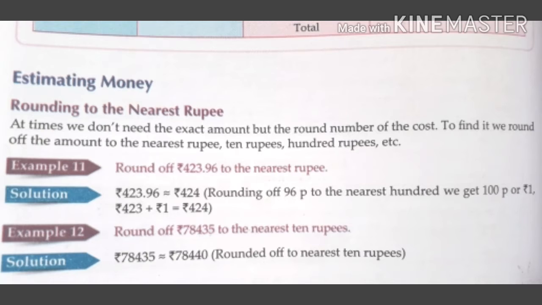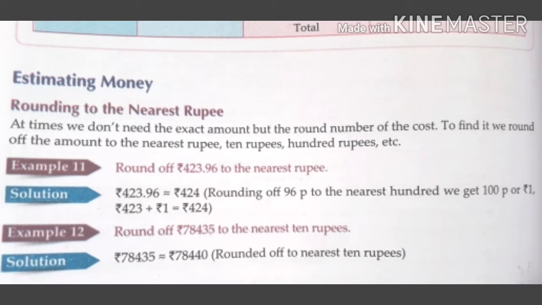Then one more: 78,435 to the nearest 10 rupees. Nearest 10 rupees means we have to see the nearest multiple of 10. The last digit is 5, and 5 means you should add 10 to 78,430. 78,430 plus 10 is 78,440.